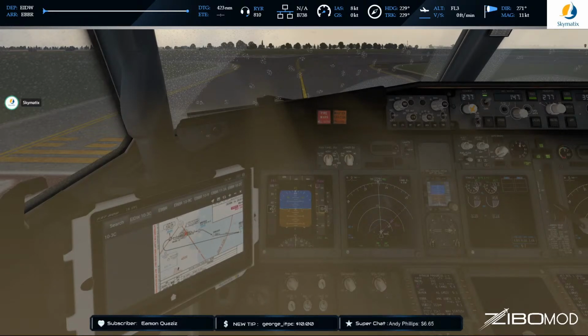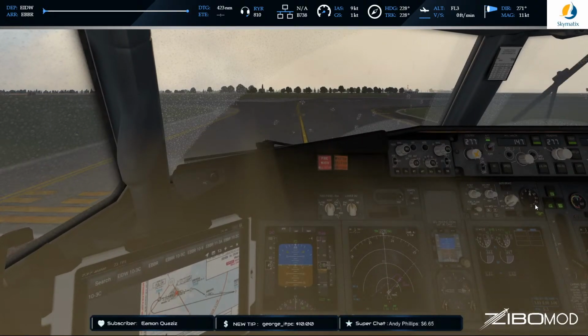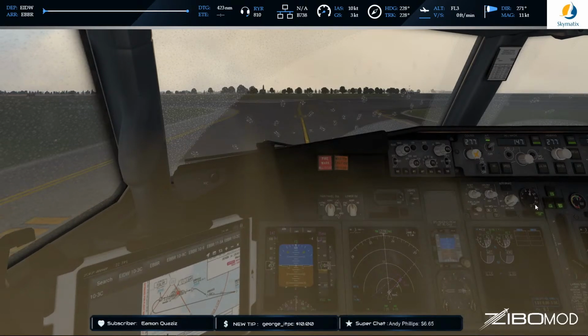I don't see any traffic coming, let me just check WebEye. No traffic, so I'm going to line up and go. Stabilized.